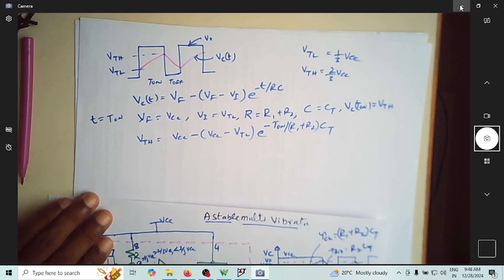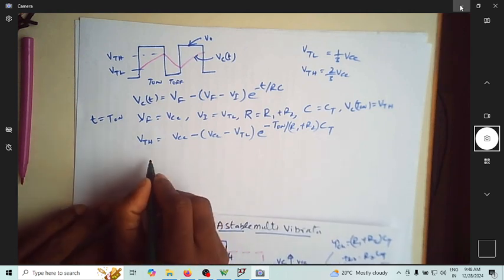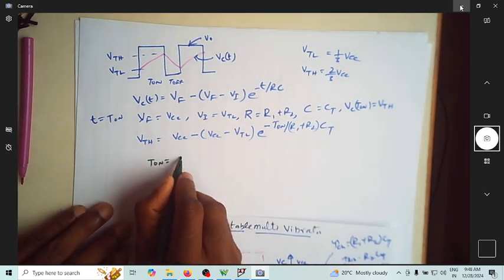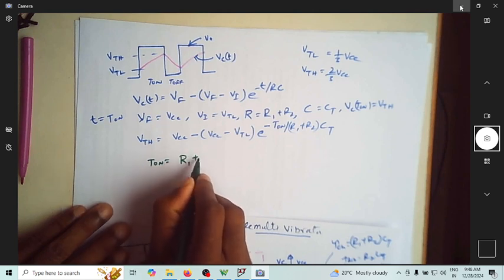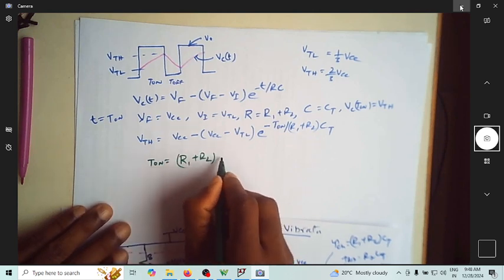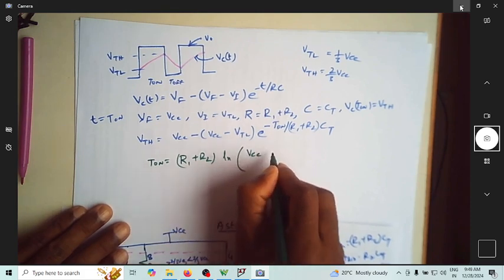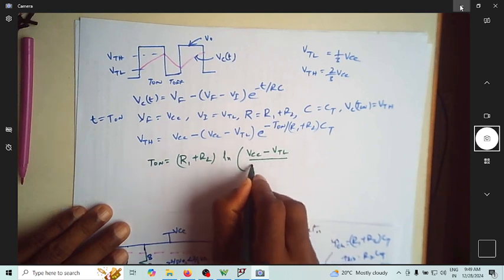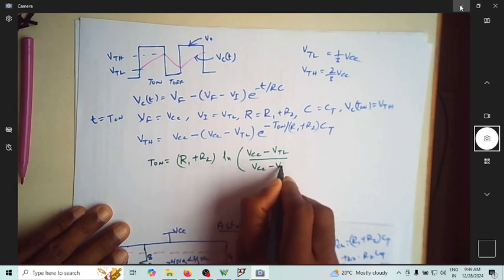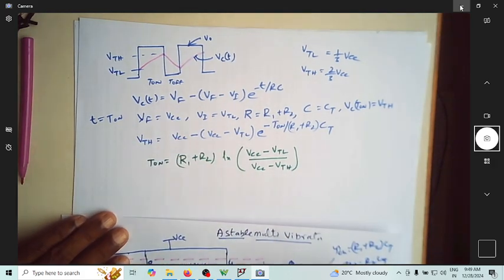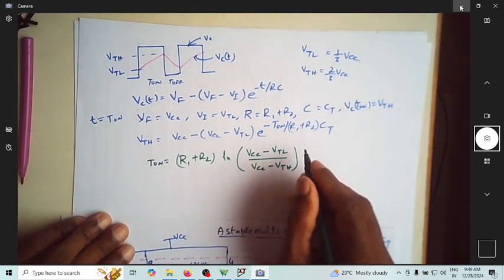Upon simplifying all those things, we can get the expression for T on as equal to (R1 plus R2) into CT into ln of (VCC minus VTL) by (VCC minus VTH). But this is a very simple mathematical substitution you can do.